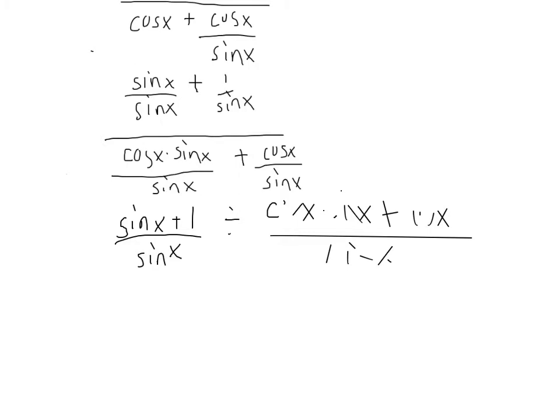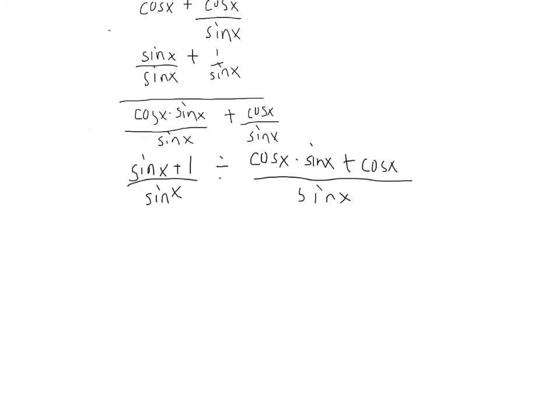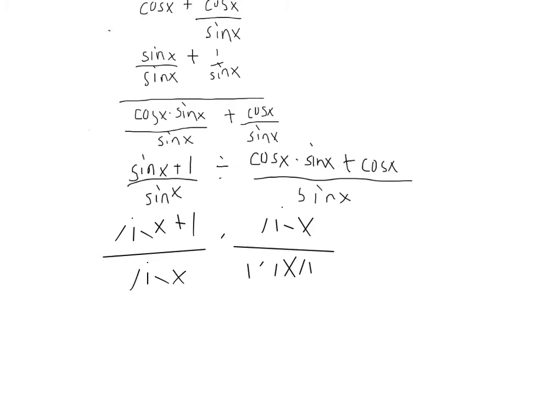So again, when we're dividing by a fraction, we multiply by its reciprocal. So we take sine of x plus 1 divided by sine of x, and we multiply that by sine of x divided by cosine of x times sine of x plus cosine of x.